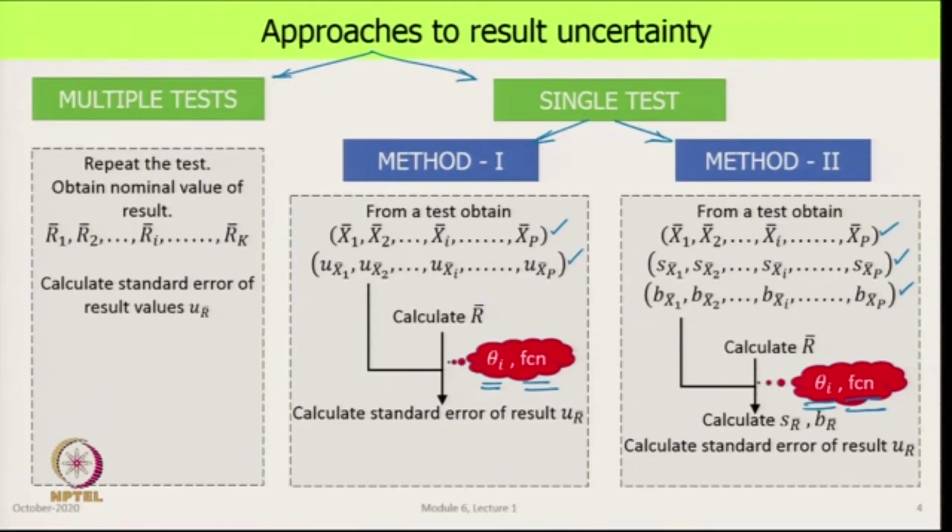We have the result relation with us, but what we do not have is a formula or a mathematical expression by which we can take the result formula and calculate u r bar.